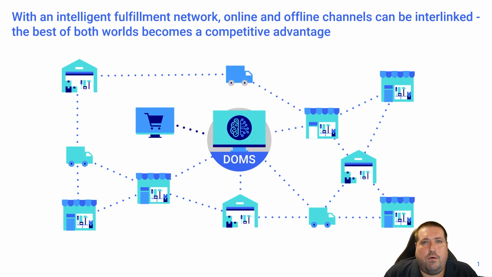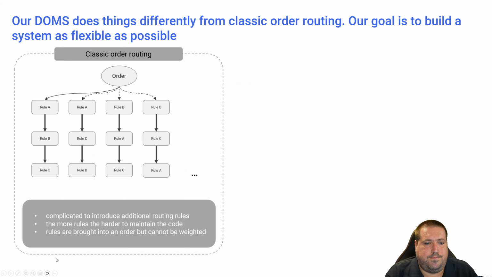As mentioned before, the distributed order management system takes all your available locations in your whole network and makes an optimal decision on the order coming in based on those data. But how does it make this decision?